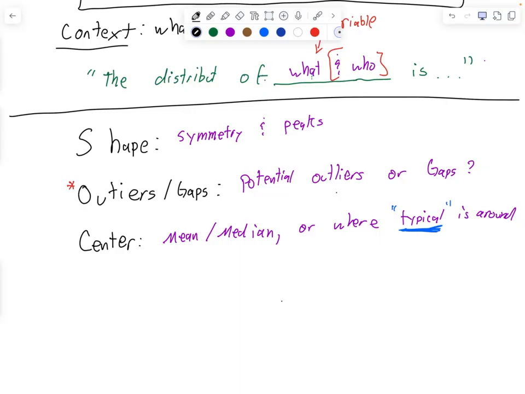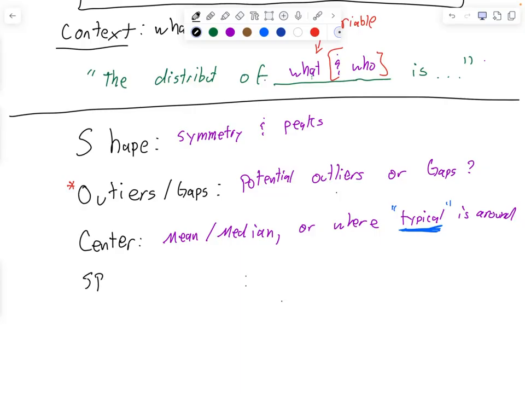spread. Standard deviation is this measure. There we go, IQR, spread.